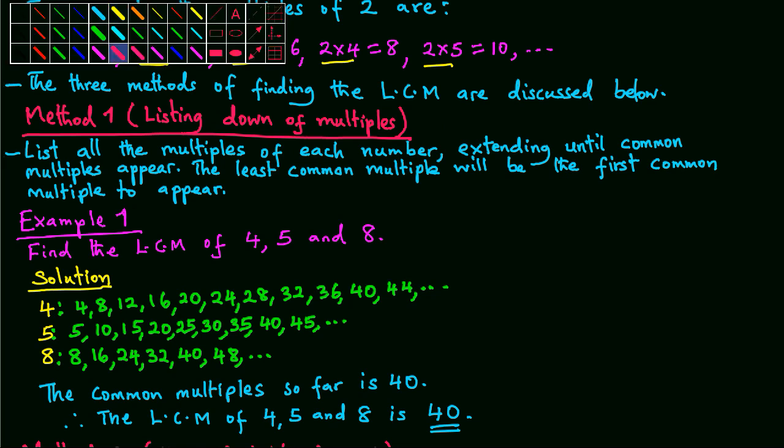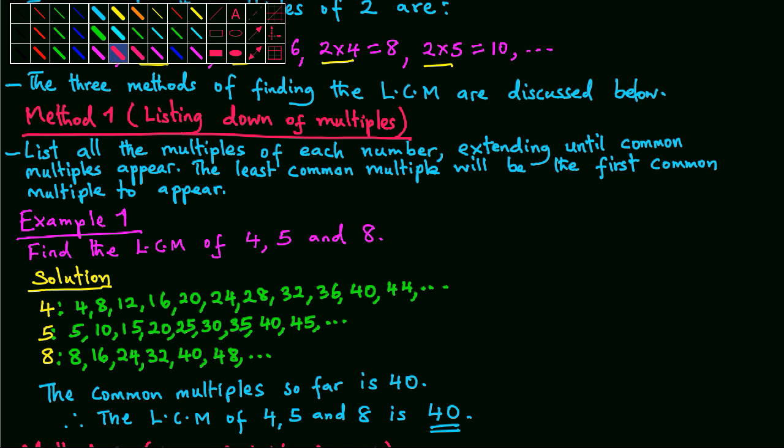Now the multiples of 4 we have 4, 8, 12, 16, 20, 24, 28, 32, 36, 40, 44, 48, and so on. The multiples of 5 are 5, 10, 15, 20, 25, 30, 35, 40, 45, 50, 55, and so on.